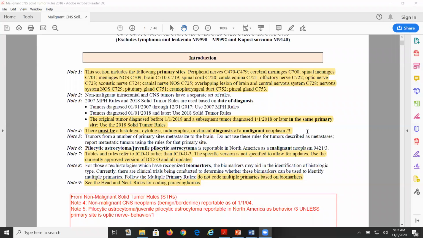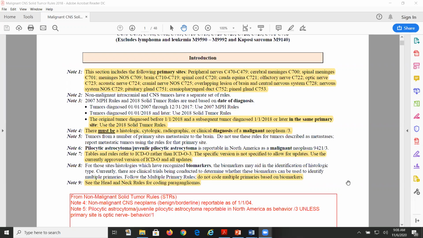Now, as I mentioned before, I have entered text boxes here to indicate how the non-malignant rules differ from the malignant rules. I'm really not going to point those out very much, but I do just want to point something out here in regard to one of our histologies that is new. The histology for pilocytic astrocytoma, which is 9421, we have been instructed previously to code those with the behavior of 3.